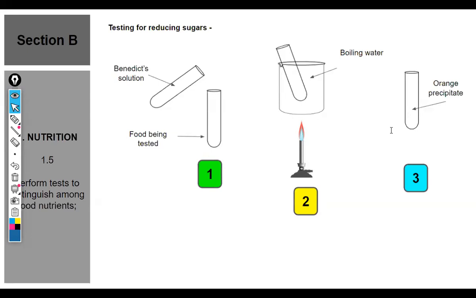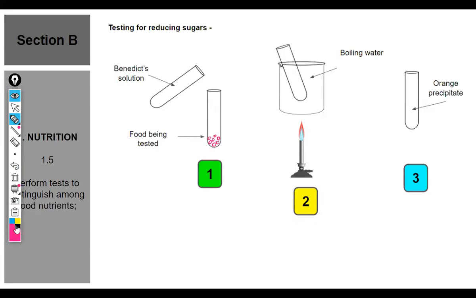All right, so this one here is a little bit complicated. It's not simple like the other one. So all you have to do is get the food that is being tested. So we're testing for reducing sugars now. Foods with maltose, lactose, or even glucose. So what you do, you get that particular food, and as usual, you chop it up and you put it inside this test tube.